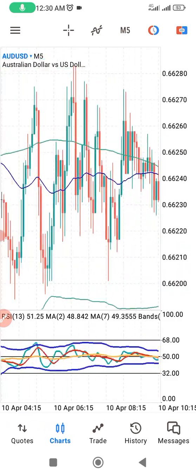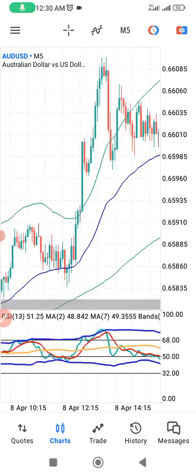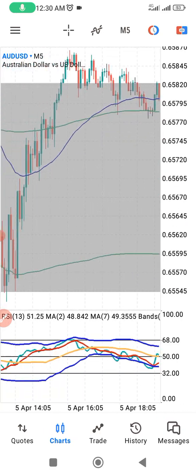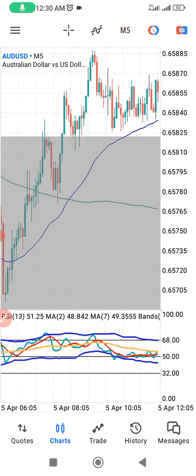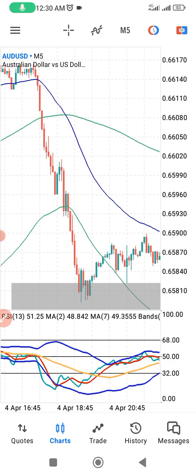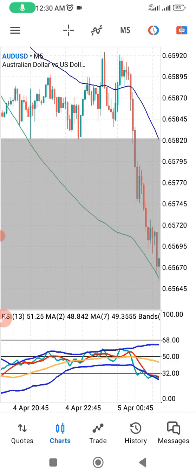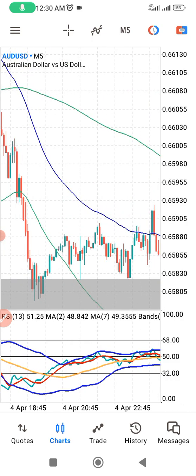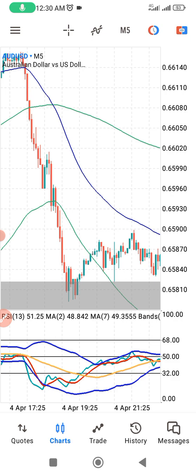We are looking for this on our 5-minute chart. Alright, perfect. And so here we are on our 5-minute time frame. So how do we make entry with this based on our 5-minute time frame?